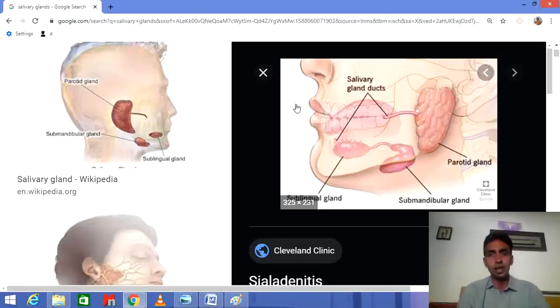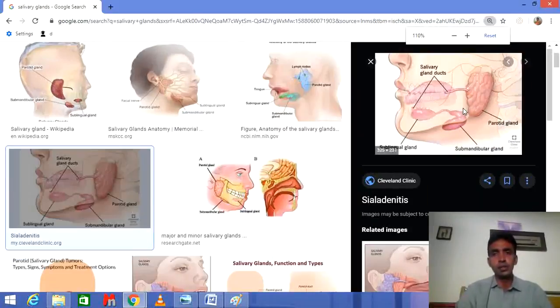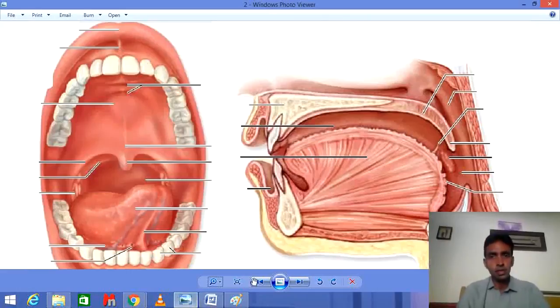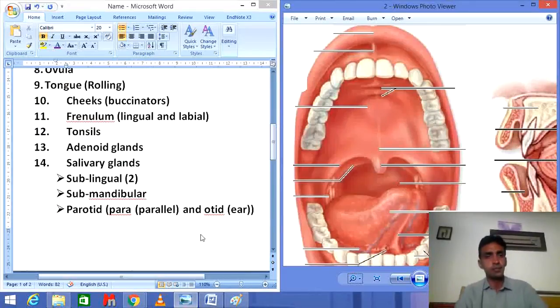of the production of saliva. Now if there is no production of saliva inside the oral cavity, that condition is called xerostomia.